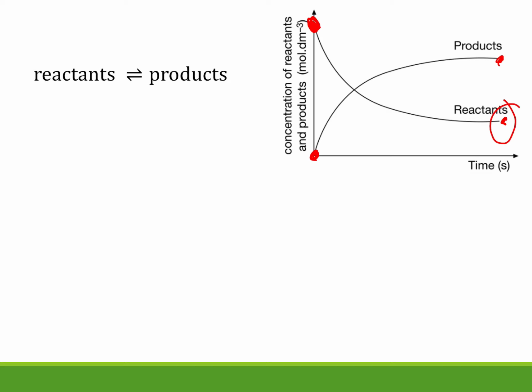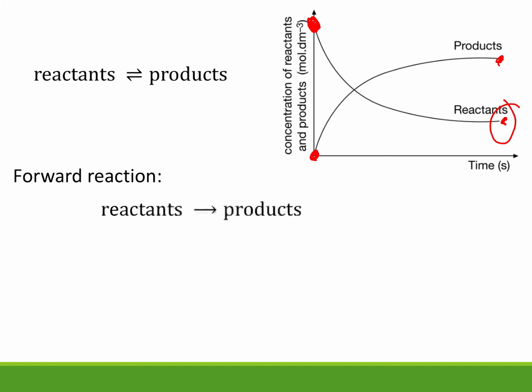That's very important. Now, the forward reaction, because this is an important term, is the reaction that happens when the reactants become products. It's how we always read chemical reactions, okay? It's the forward reaction, going from reactants to products. The reverse reaction is when the products become reactants. That's the other way around.